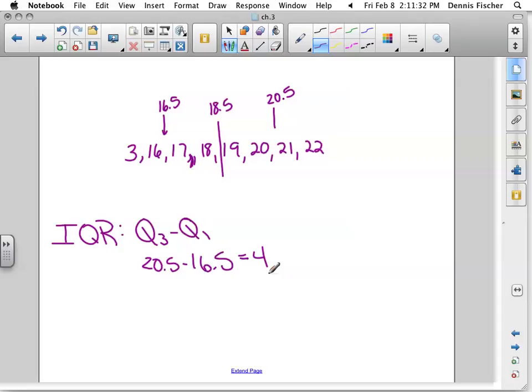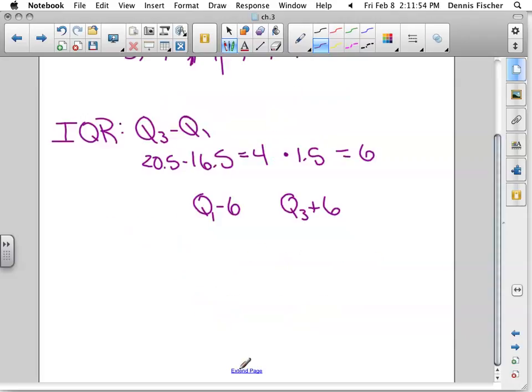Now the rule says to multiply that by 1.5, so I'm going to get 6. Am I following? 1.5 times that is 6. Now I'm going to take this 6 and add it to my third quartile, and take quartile 1 and subtract 6.